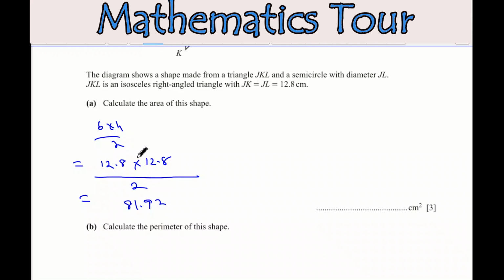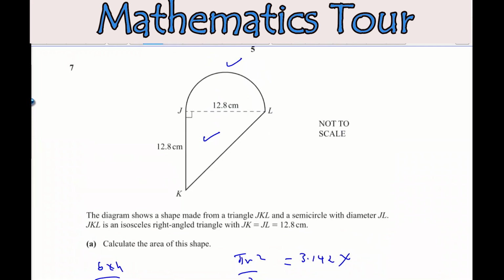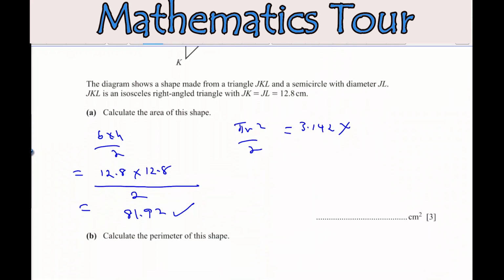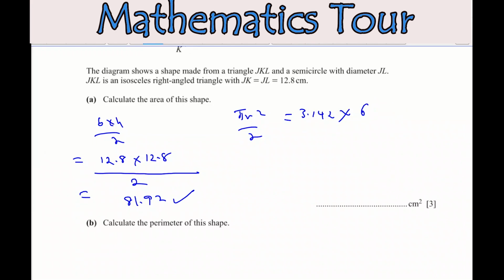Then we need to get the area of the semicircle. So this is my first answer. The area of the semicircle will be the area of a circle divided by 2. That is pi r squared over 2. Pi is 3.142 multiplied by the radius. So let's scroll up. The radius is half of 12.8. That will be 6.4. So you have 6.4 squared over 2.